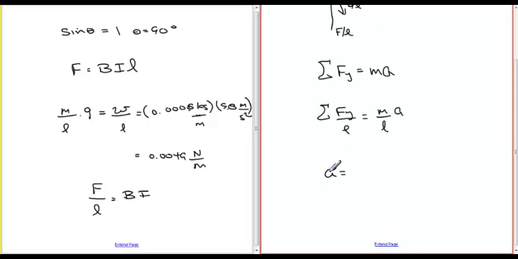So a is the summation of the force per unit length divided by the mass per unit length. The forces acting are the magnetic force acting up, B times I, and the weight per unit length going down, which is 0.0049 newtons per meter. So we can just plug in.